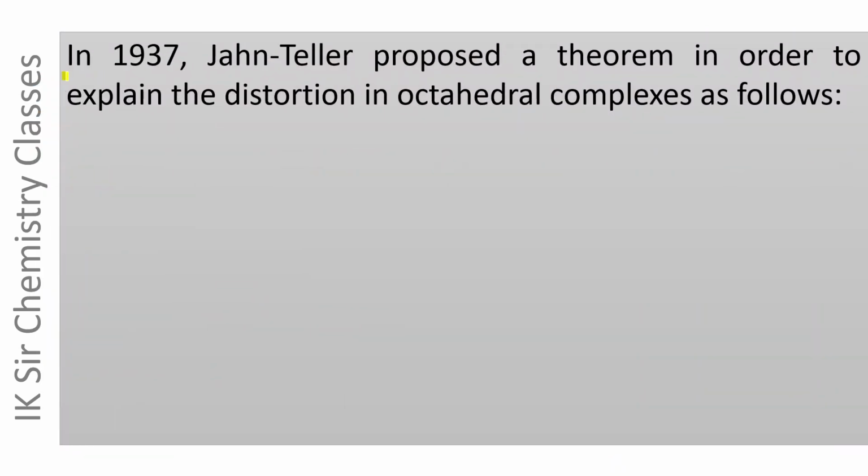In 1937, Jahn Teller proposed a theorem in order to explain the distortion in octahedral complexes as follows.